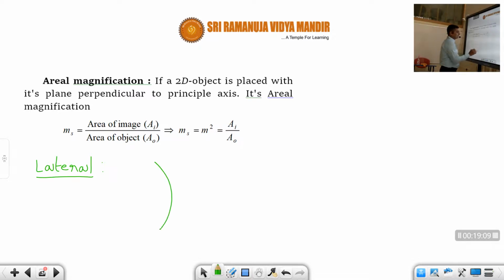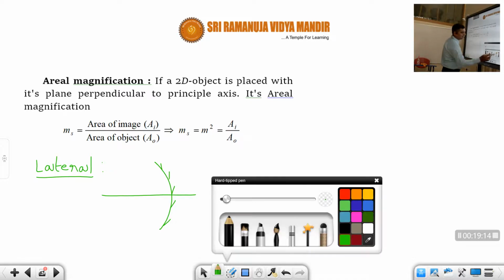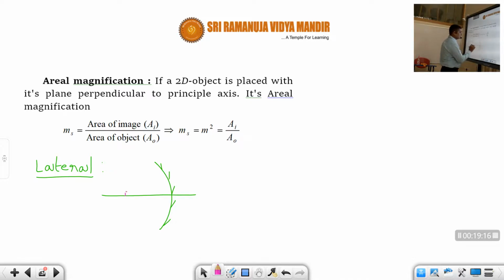Whereas in case of lateral magnification, we place the object parallel to the principal axis, like this. This is the object AB. Then you will get some image somewhere around here, A dash and B dash. This is the image, this is the object. The size of the image by size of the object is called lateral magnification, but right now it is not required.